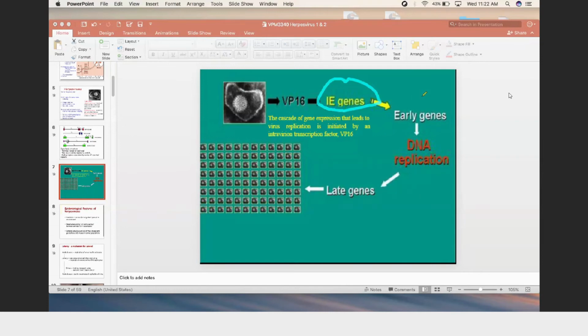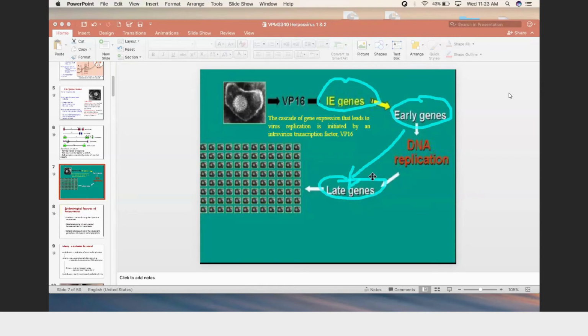These immediate early proteins will cause the production of early proteins encoded by early genes. Early genes produce early proteins, which then promote the production of late proteins. So immediate early genes promote the production of early genes, and early genes promote the production of late genes.